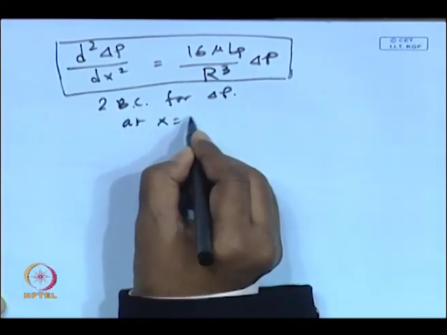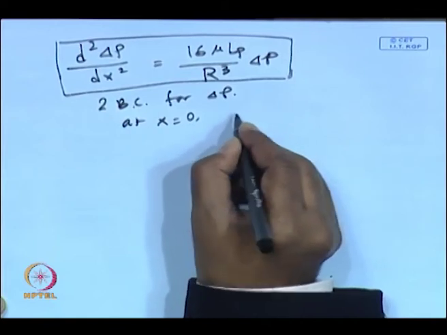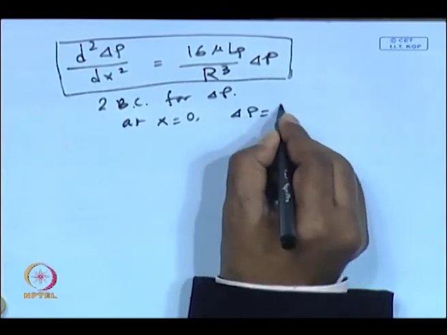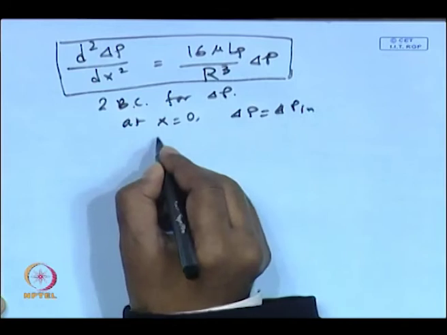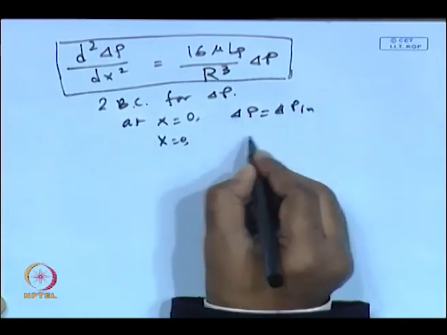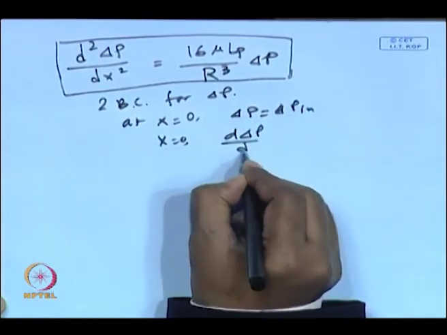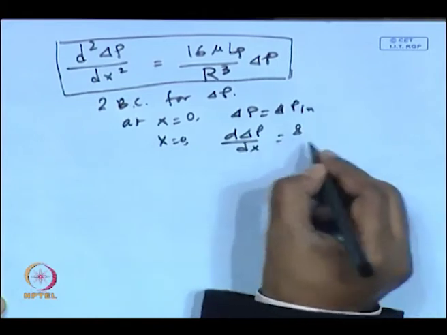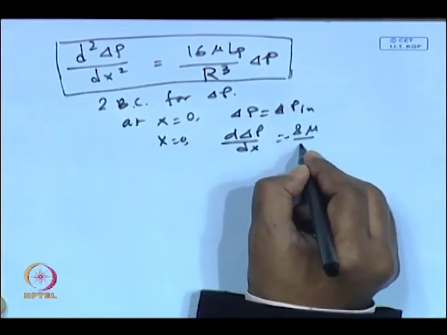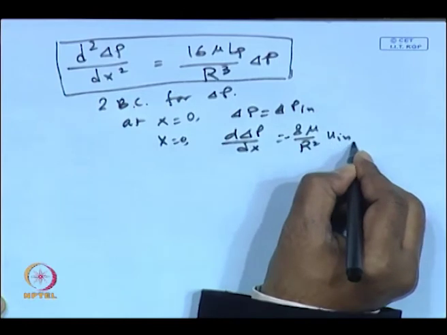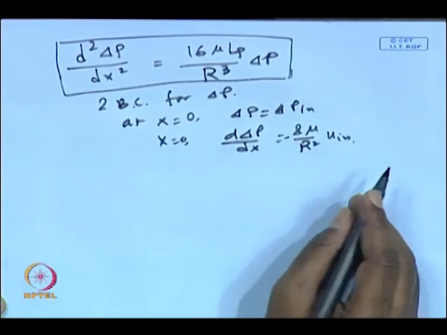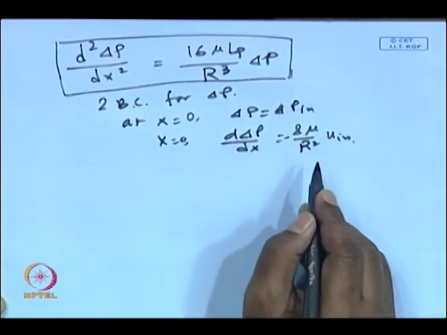At x equal to 0, both the boundary conditions have to be specified. Delta P is equal to delta P in, and at x equal to 0, d delta P dx is nothing but minus 8 mu over r square times u in.